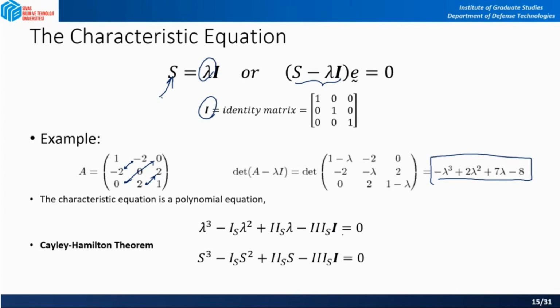Interestingly enough, this matrix S itself satisfies its own characteristic equation. It means that if you put S instead of lambda, it also equals 0. This theorem is called the Cayley-Hamilton theorem in linear algebra.